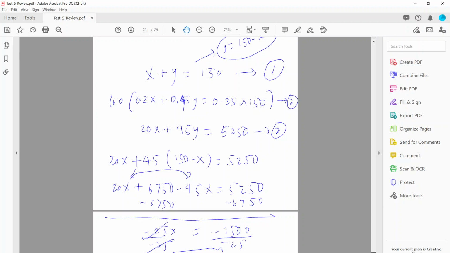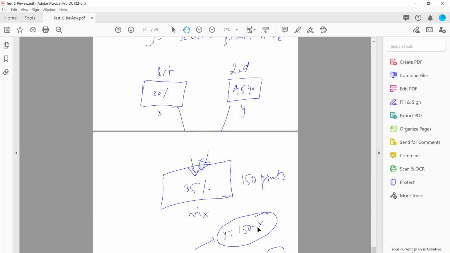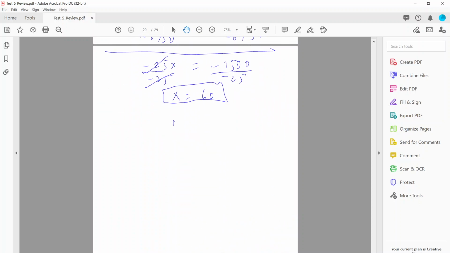To find the value of y, go back and subtract x from 150: y equals 150 minus 60, which is 90.